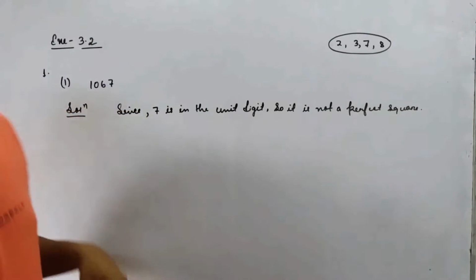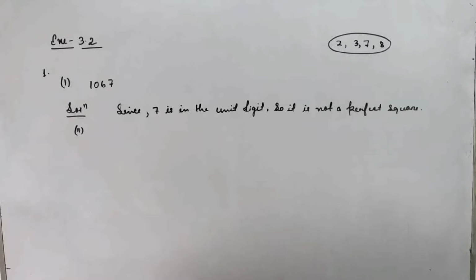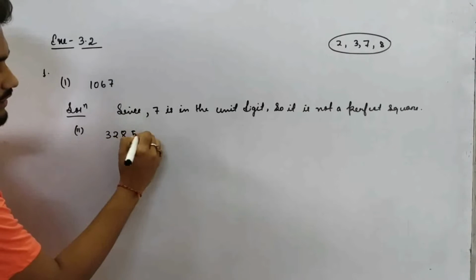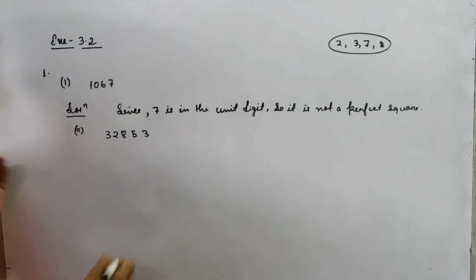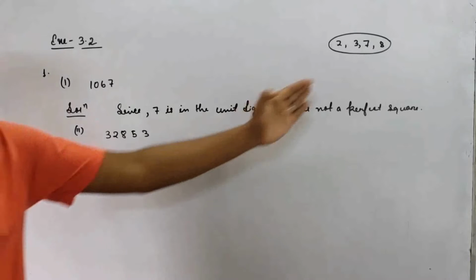So number 2, you see, 32853. Again, what is the unit digit? The unit digit is 3.